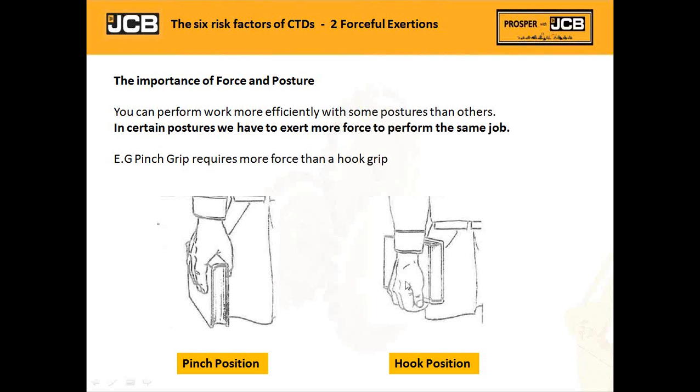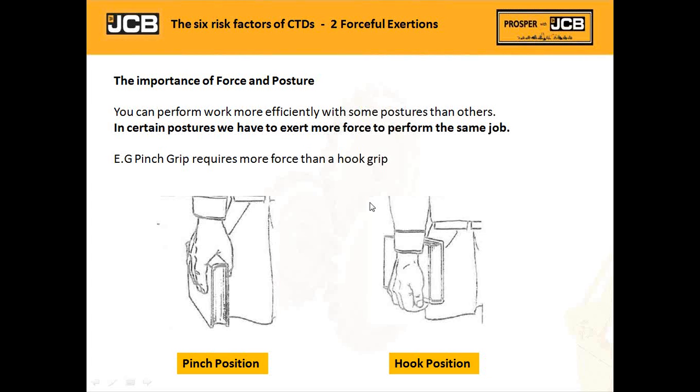Whereas if you hold or lift this book in the hook position, the weight of the book being the same, the posture in which the book is now being handled is much more comfortable.